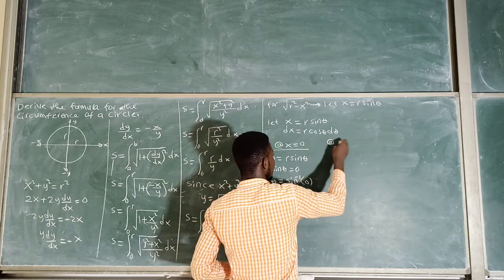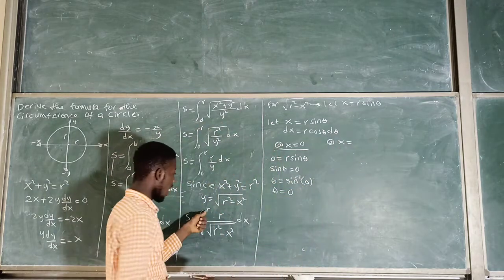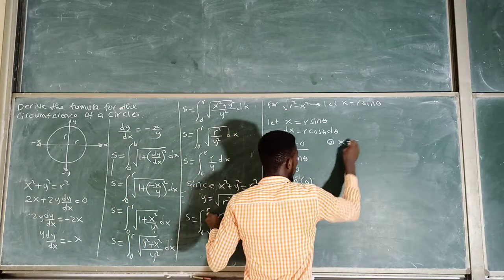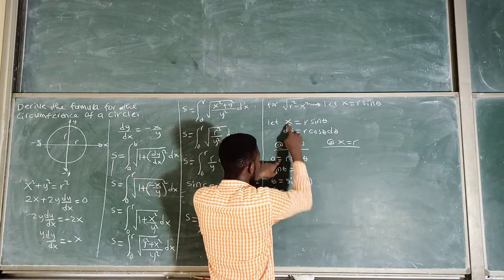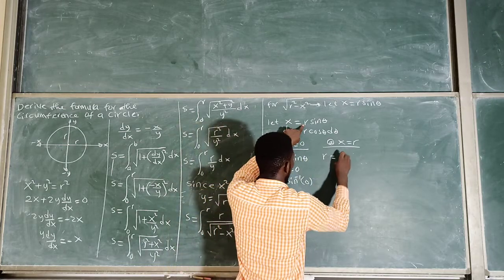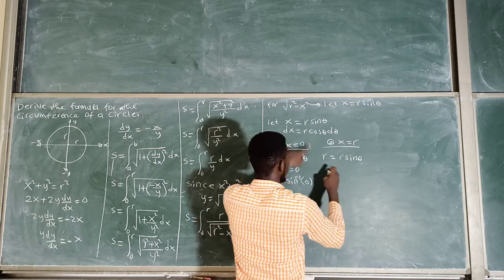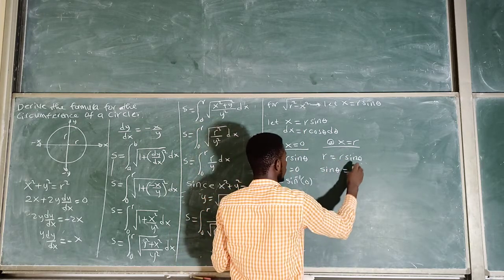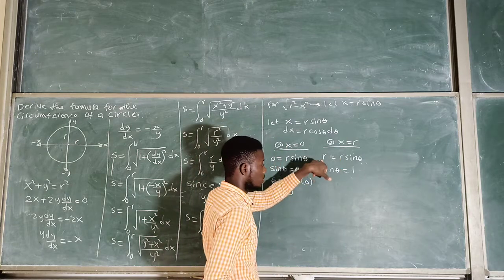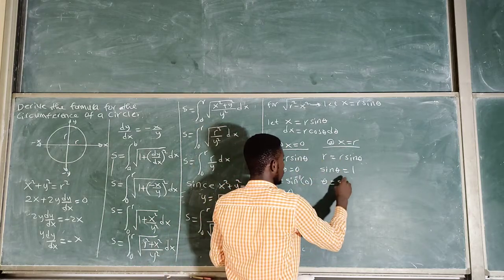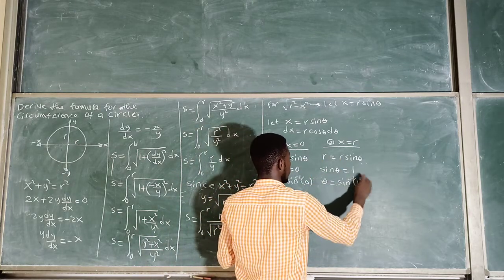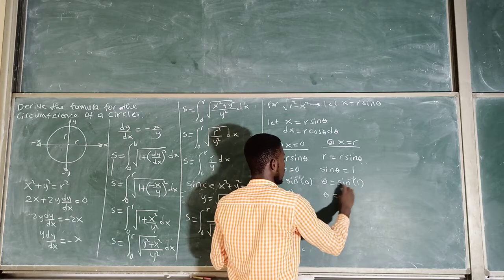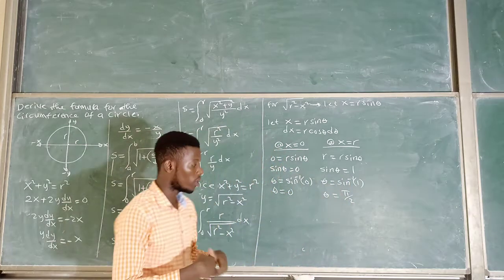And at the time x will be r for the upper bound, we just have r is equal to r sine theta. So if I divide both sides by r, we have sine theta is equal to 1, because r over r is just 1. And theta will be equal to sine inverse of 1, and sine inverse of 1 is pi by 2, or 90 degrees.